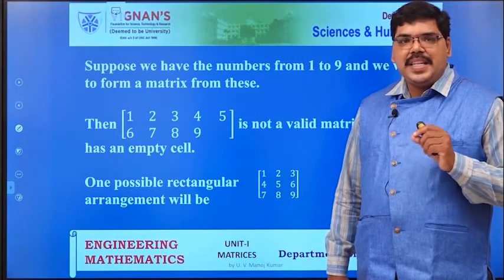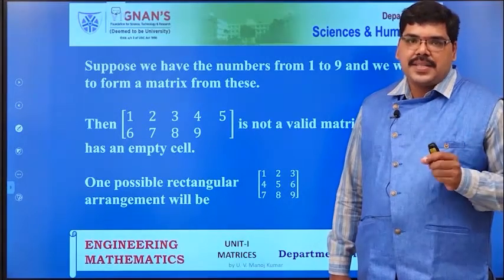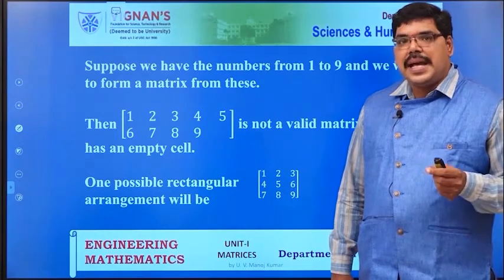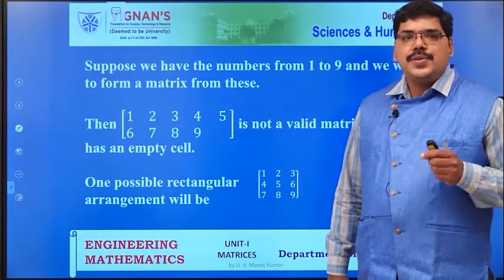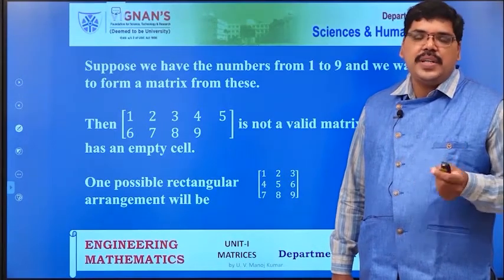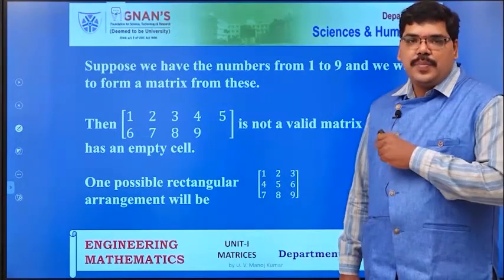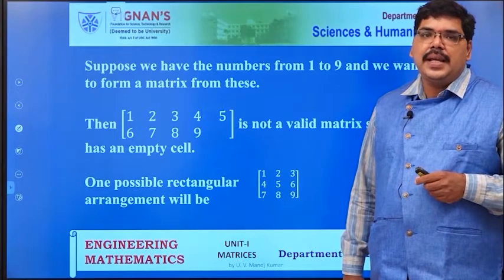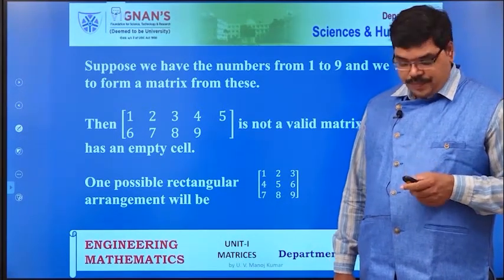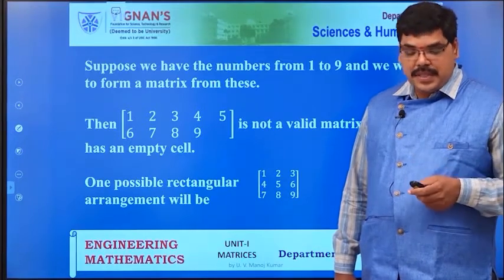Such arrangements are not valid as matrices. So what is the possible way to arrange these 9 numbers as a rectangular arrangement? There are three possibilities, and one of them I am showing here: a 3 rows and 3 columns matrix, each row having 3 elements.